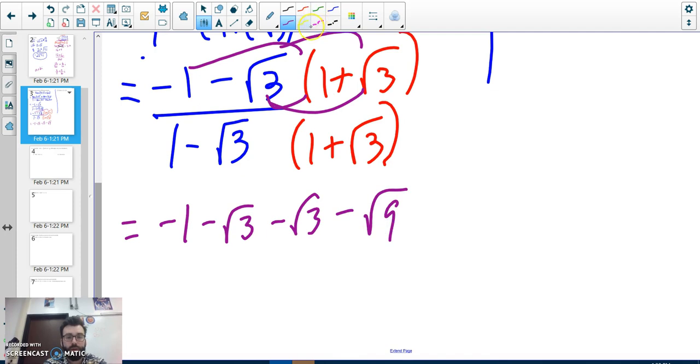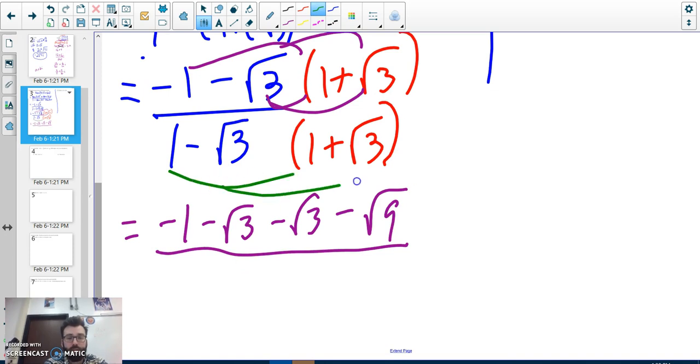We all know what that's going to be, right? If I multiply the bottom, I get 1, and some of you may well do this part in your head, and that's totally fine. I'm going to write it out step by step for you.